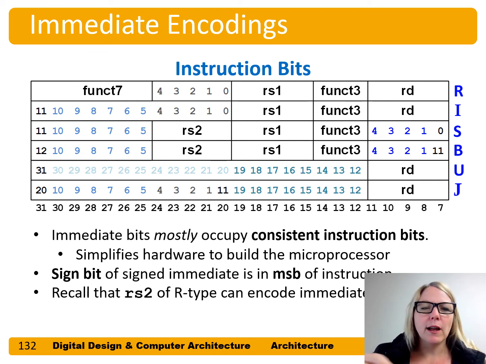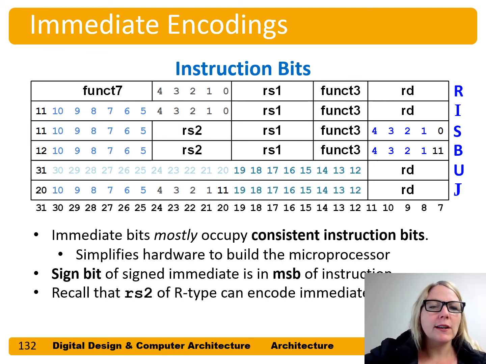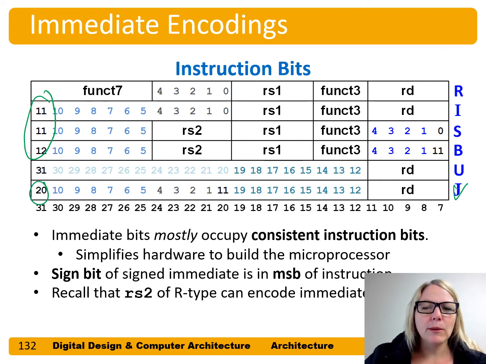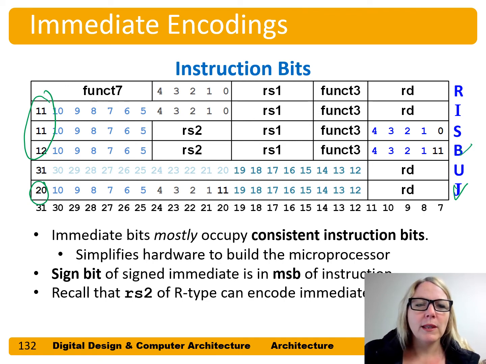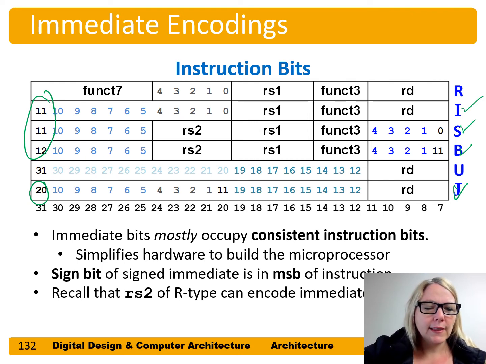So for example, the most significant bit here, when it's encoded, is the sign bit of that number. So J-type instructions, bit 20 is the sign bit. For B-type, it's 12, and S and I-type, it's bit 11 is the sign bit, or the most significant bit. And so that's always in the most significant bit of the instruction when sign extension is needed.